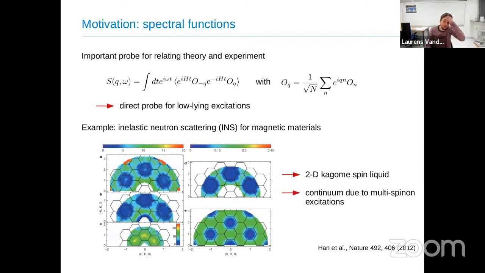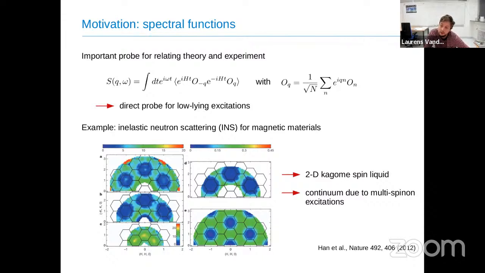A very famous example is inelastic neutron scattering for magnetic materials. This is an example of a famous experiment where they did neutron scattering on a 2D kagome spin liquid, and they saw these features in the spectral functions. You can see some kind of continuum rather than a sharp mode in the spectrum, which is one of the hallmarks of spinon excitations.